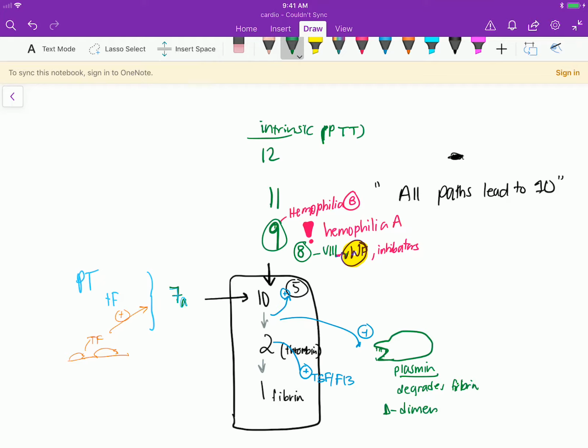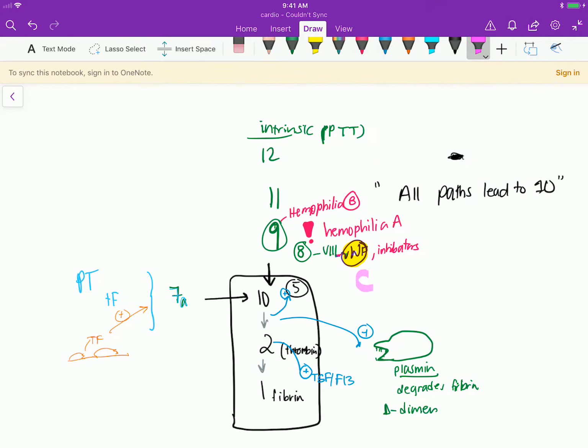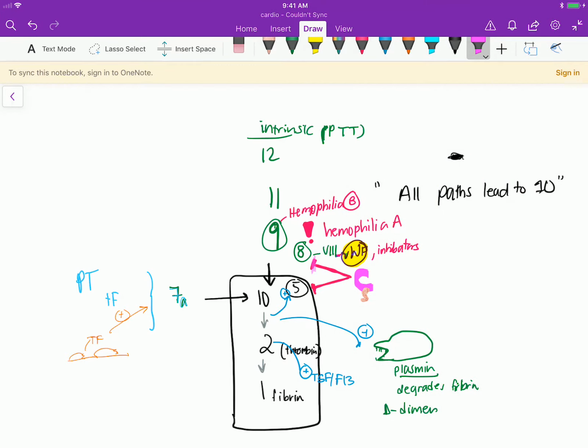Now, the other thing to remember is that another check that your body has is protein C. Protein C has a cofactor, which is protein S, and their job is to inhibit, or cut down, factor 8 and factor 5.